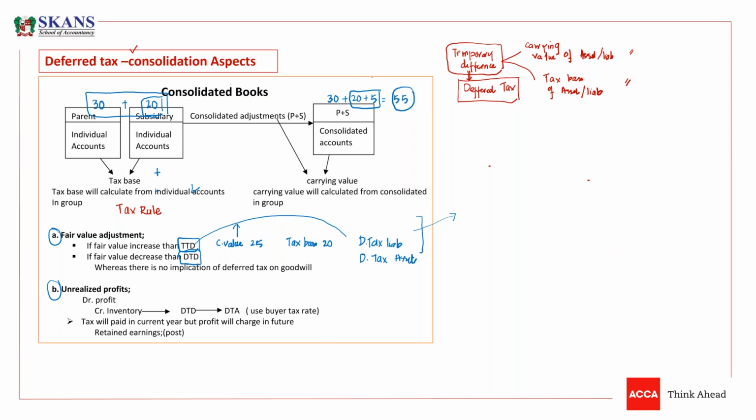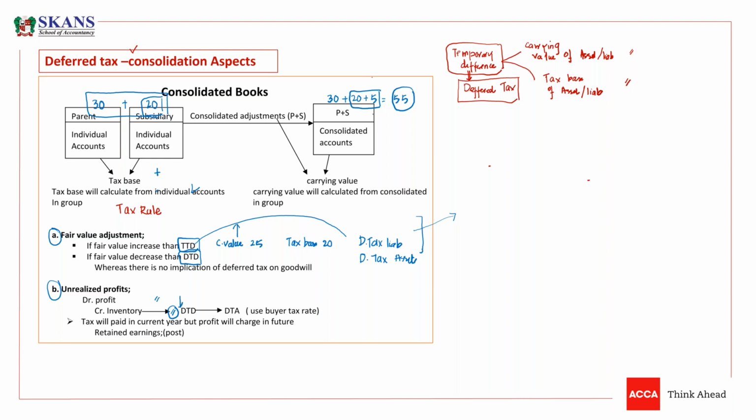Okay. The second aspect is unrealized profits. We know that for unrealized profit, the journal entry is: you debit profit and you credit inventory. So in consolidation, we need to decrease inventory.